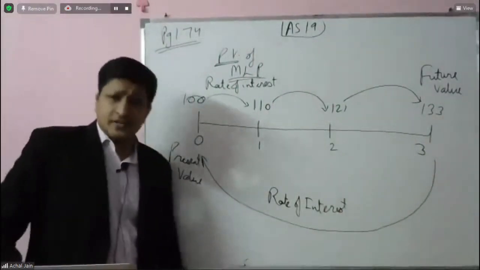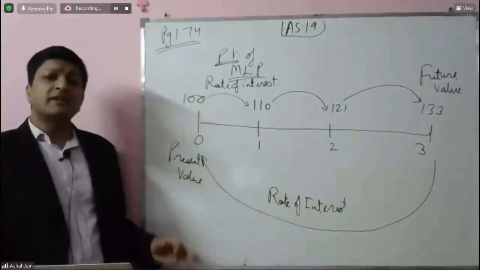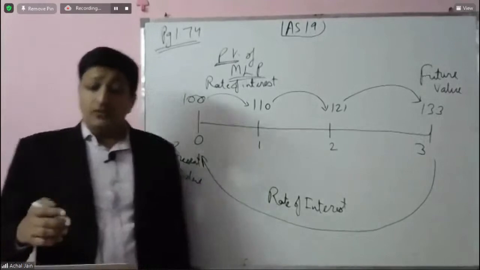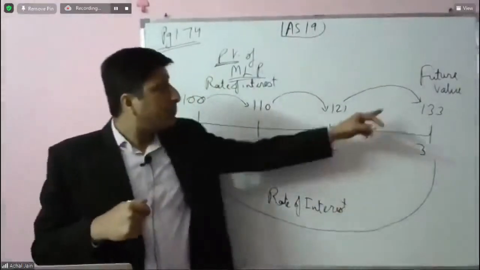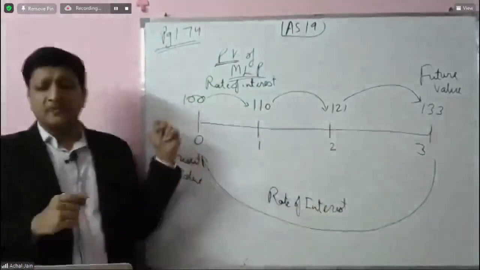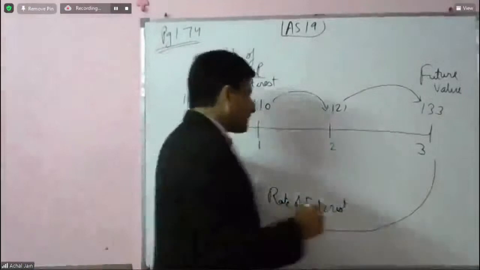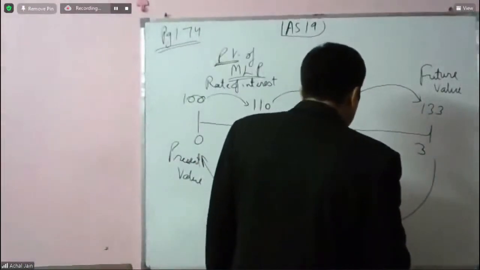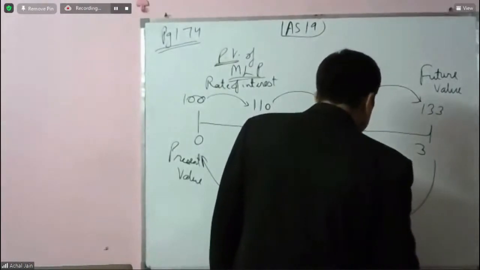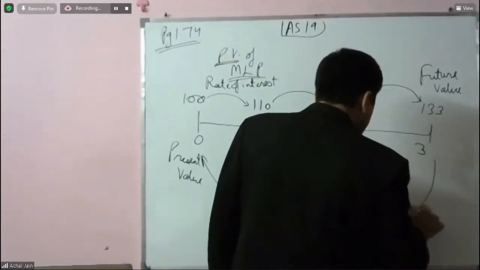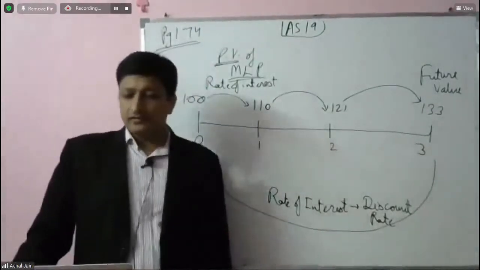This rate of interest, because we are computing the present value, which means we are applying the discounting technique. Discounting means bringing the future value to its present value. That is called as discounting. Therefore, this rate of interest is also called as discount rate.